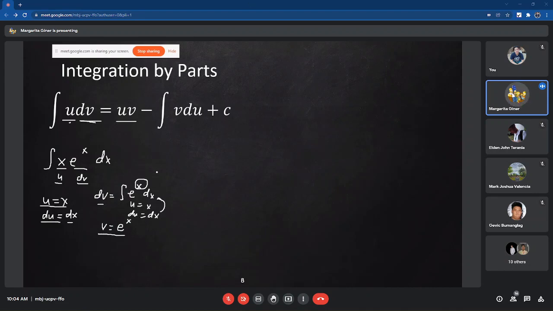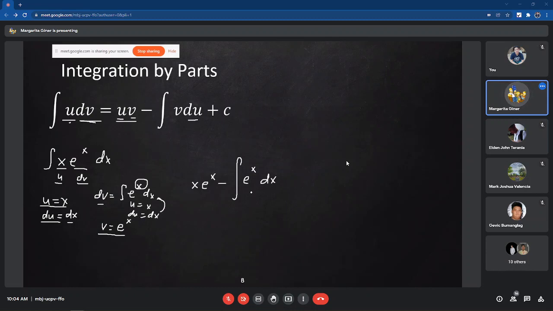Now, substitute sa equation. Anong u mo? X. Anong v mo? E raised to x. Okay? And then, the antiderivative of v, anong v? E raised to x. Ang du mo is dx, so multiply mo siya by dx.